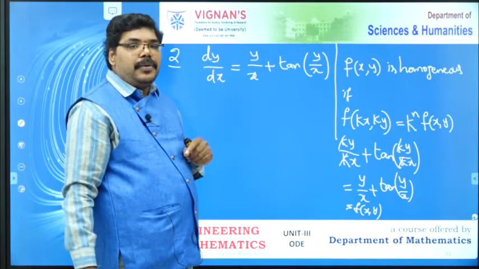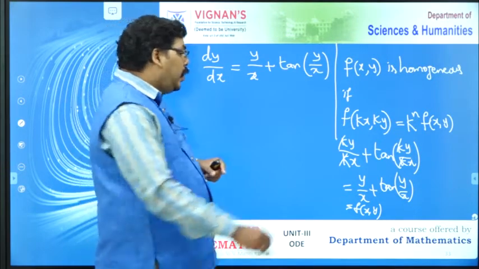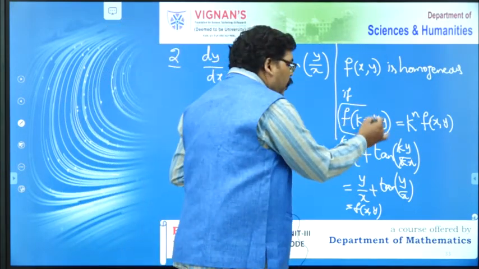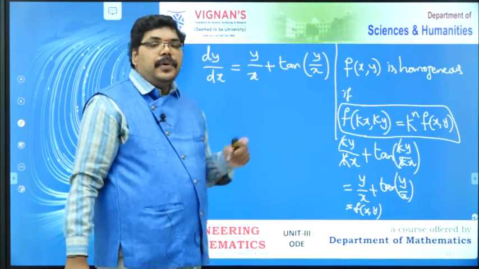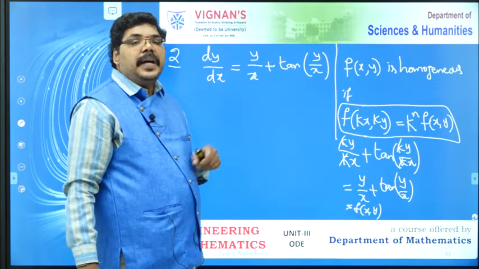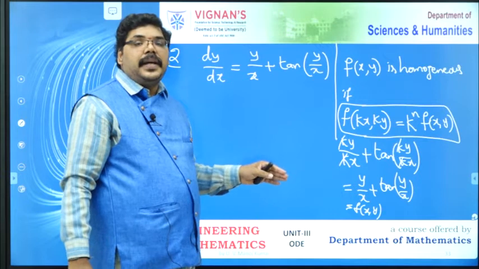So whenever you get a doubt whether the given function is homogeneous or not, you use this condition. You start with f of kx comma ky.